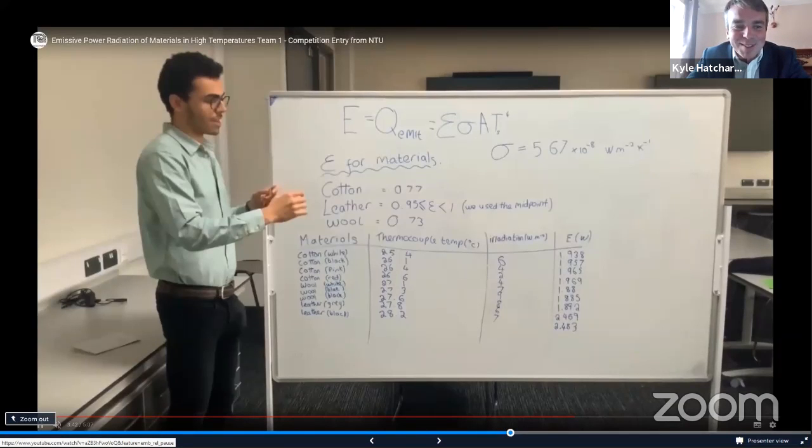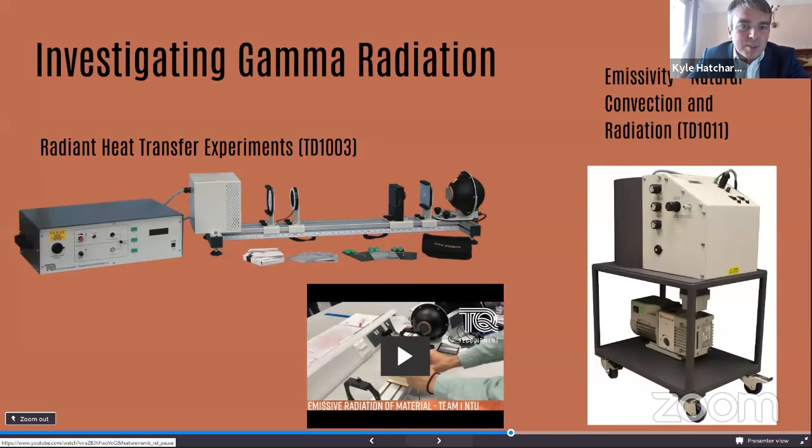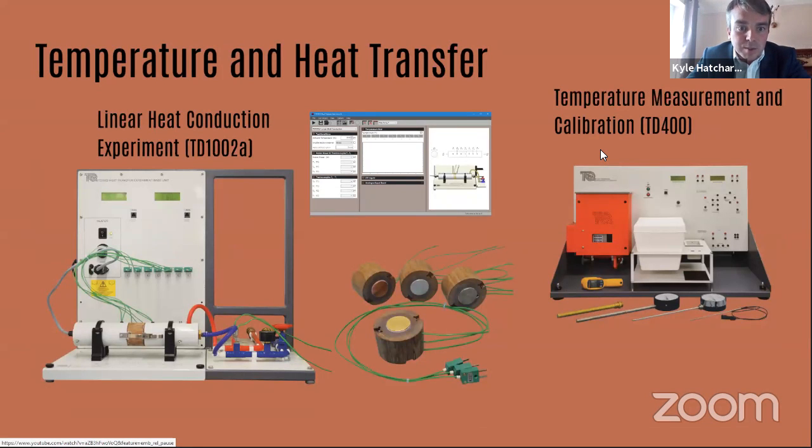So if we can move to the next slide, because we go then into thermal energy transfer, I believe, which is emissivity and thermodynamic principles. But obviously linear heat conduction and the first law of thermodynamics.